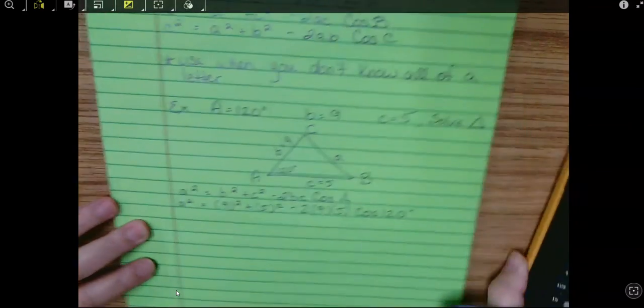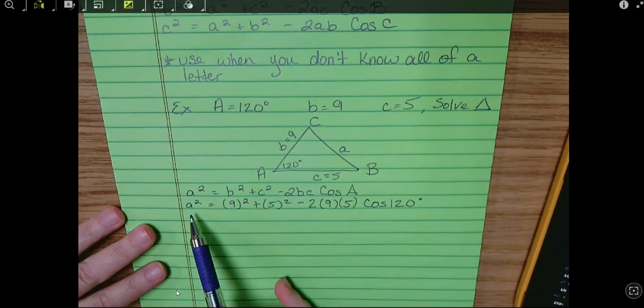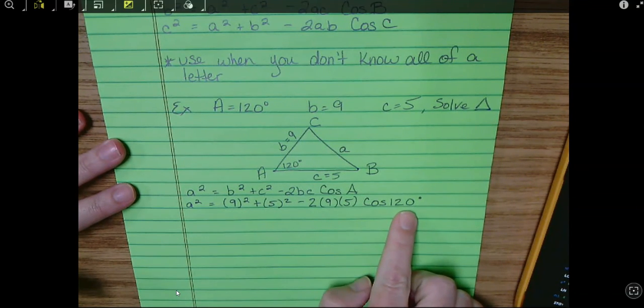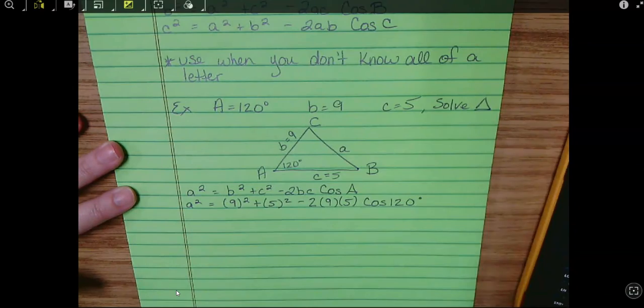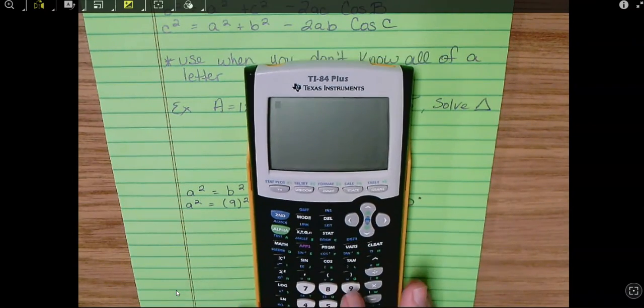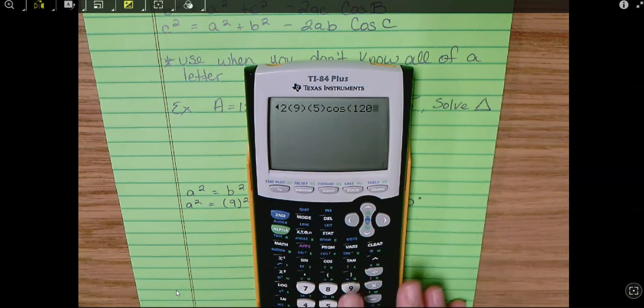Okay, so now, do you see how my unknown is all by itself and everything to the right, I know? We're going to type this in as one big equation. So here we go. 9 squared plus 5 squared minus 2 times 9 times 5 cosine of 120.